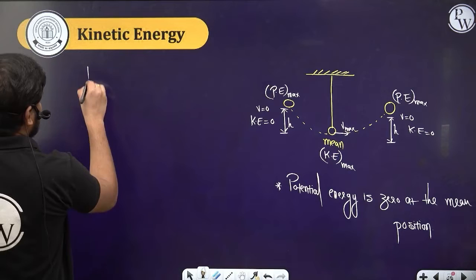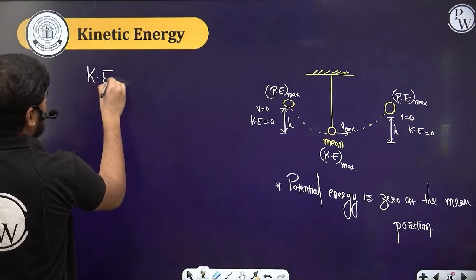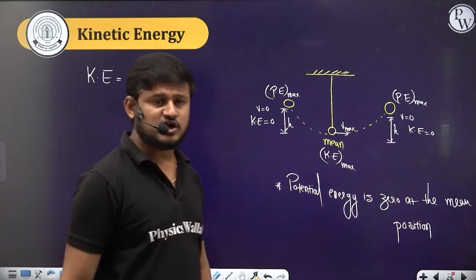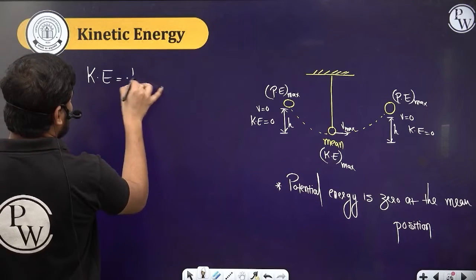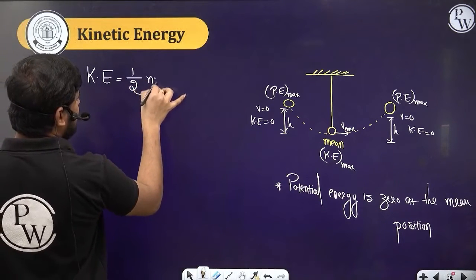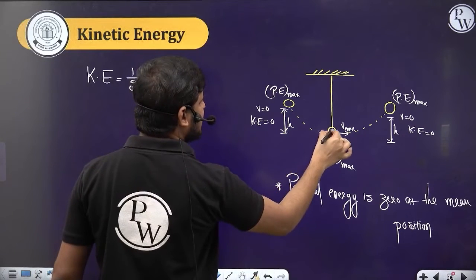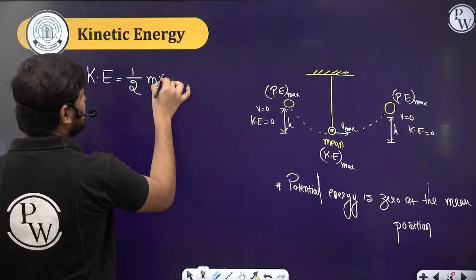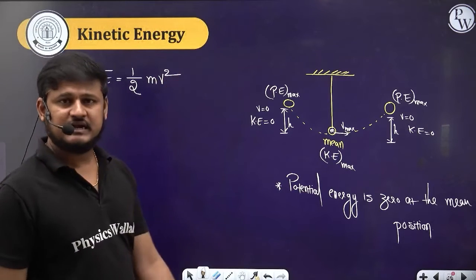Now let's go for the kinetic energy equation. We know the kinetic energy of a particle performing S.H.M, let's say a bob of mass m moving with velocity v, is half m v square. Done this part?